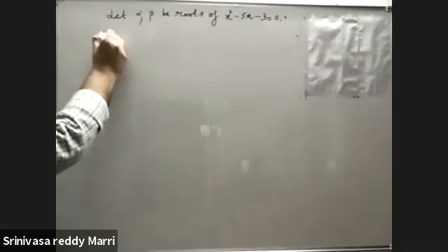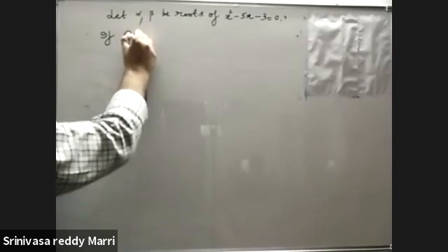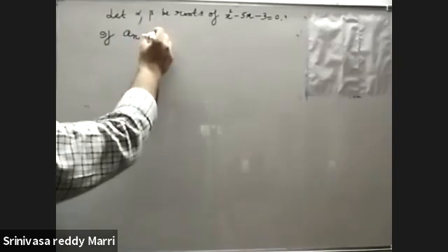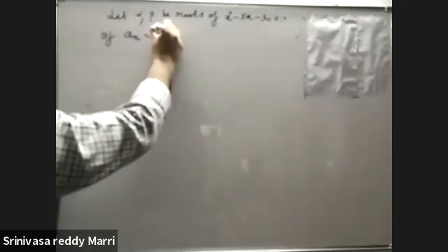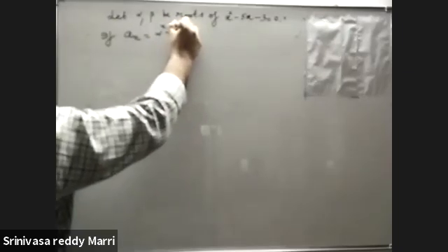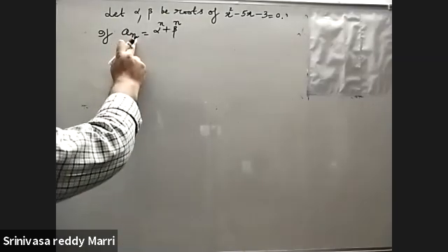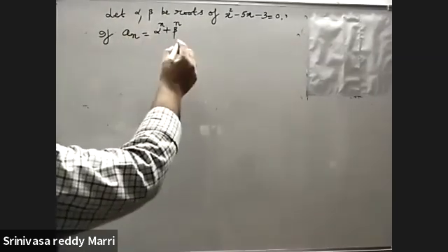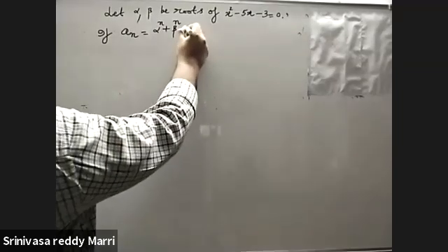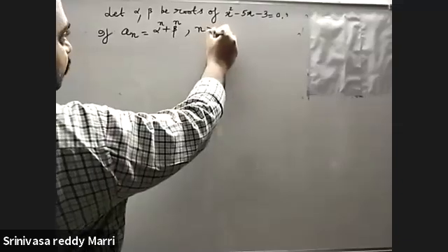Let us say an equal to alpha to the power n plus beta to the power n, where n is greater than or equal to 1.